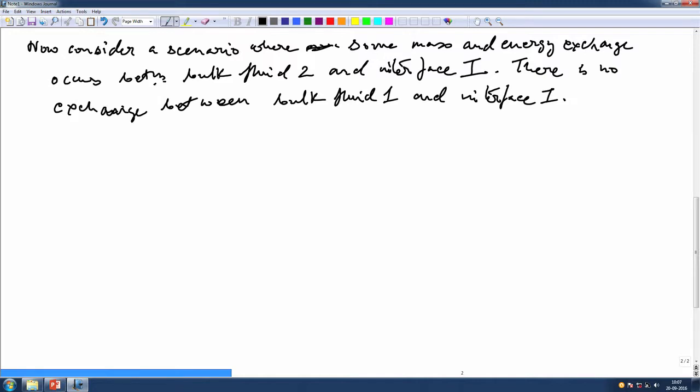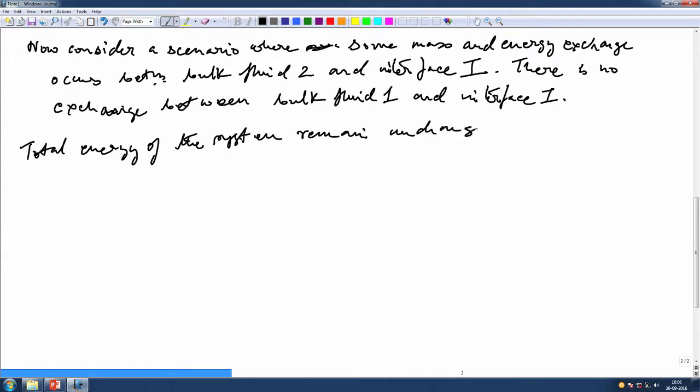Okay. Now, as we know that the total energy of the system should be constant, basically remain unchanged, right. So, that E total, the total energy, is basically given by the interface energy EI plus E1 plus E2, right.